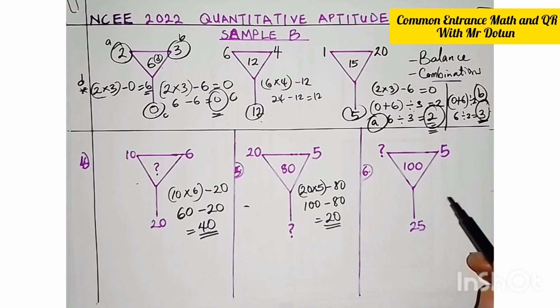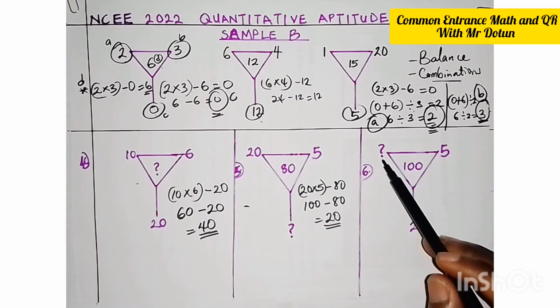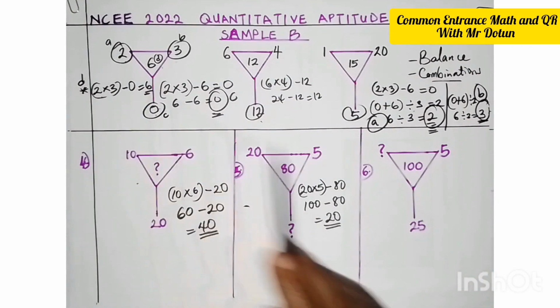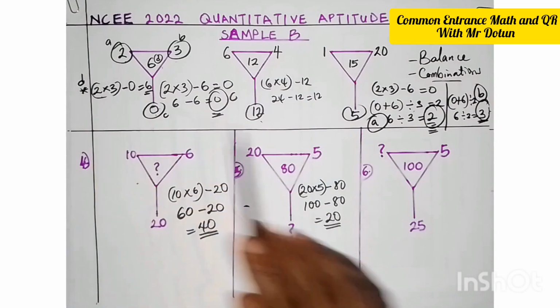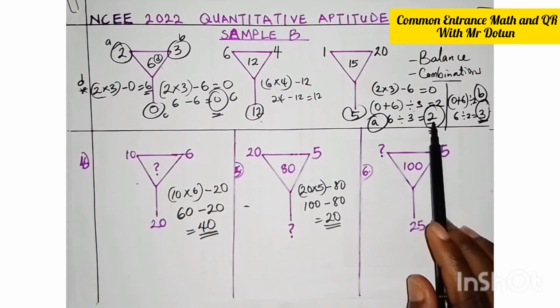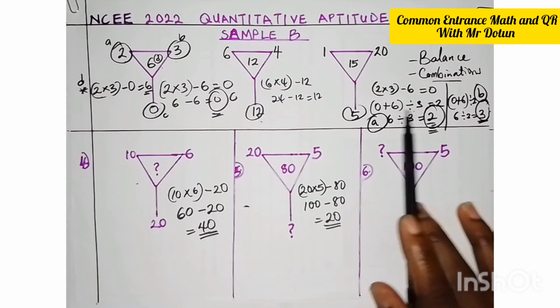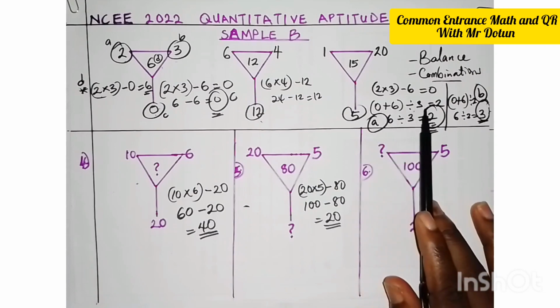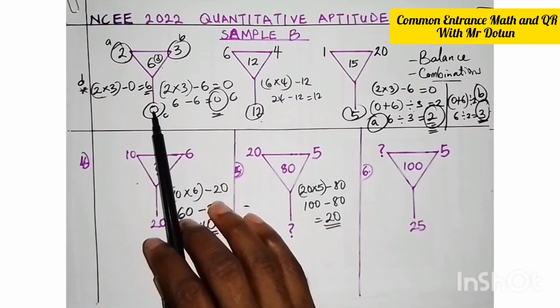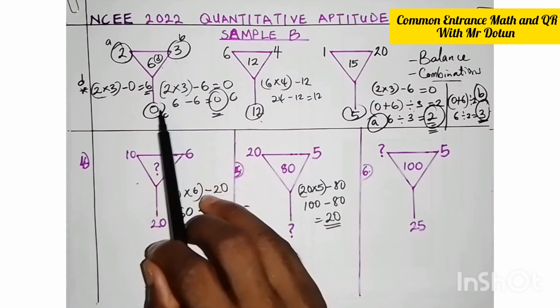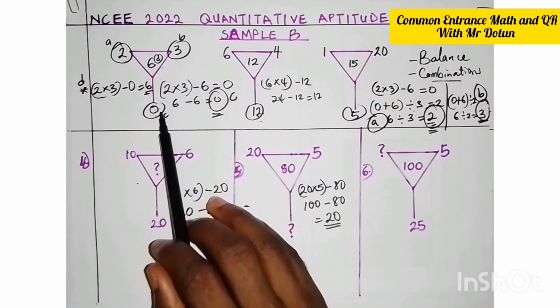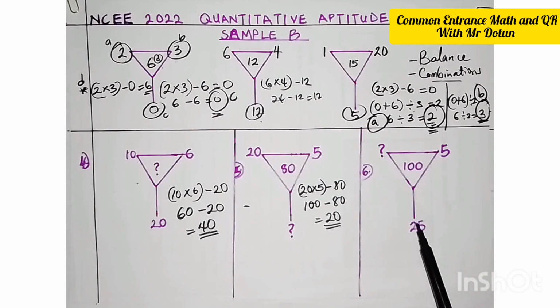And the last one, we're looking for A. So how did we get our 2 here? We did 0 plus 6 divided by 3. So where's our 0? Here, 0 plus 6 divided by 3. So we'll come back and locate it. This 25 plus 100 divided by 5.